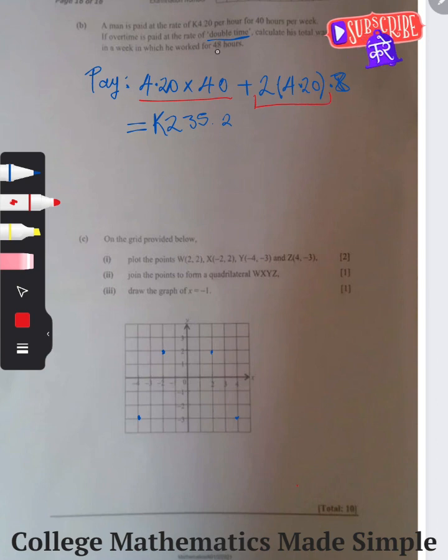Now, 48 minus 40, because 40 is the required hours, and this person worked for 48 hours, meaning that the overtime hours were 8. So that is why we're saying twice the rate per hour multiplied by 8. So when we compute this, you have 235.2 as the wage for that week.